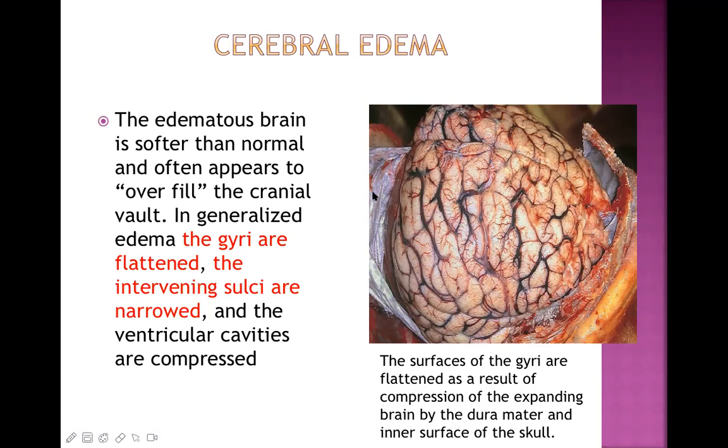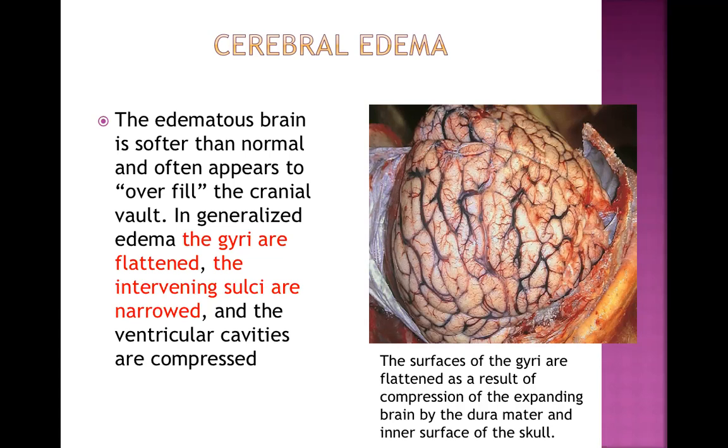Now see here, when there is cerebral edema formation, those gyri get flattened. Why do they get flattened? You need to understand this. As a result of excessive collection of fluid, the brain gets expanded, and it will get compressed by the overlying skull bone. That is why the gyri will get flattened, and sulci get narrowed because they also swell up.